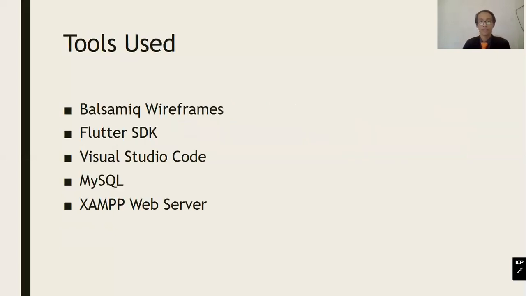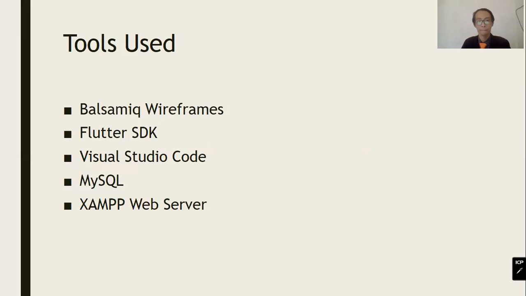In this project, the tool I used is Balsamiq wireframes. I am using Balsamiq to create my wireframe. And next is Flutter SDK. This Flutter SDK is an open source plugin to create mobile apps which can run on both Android and iOS.